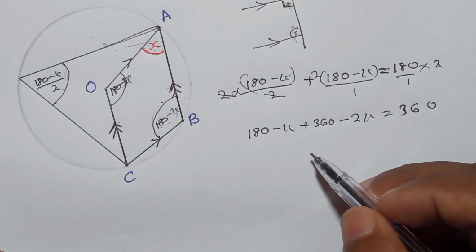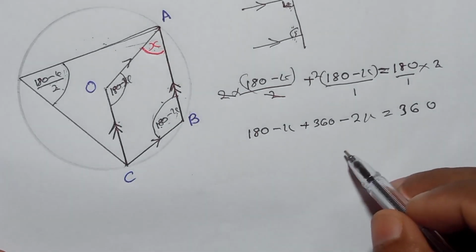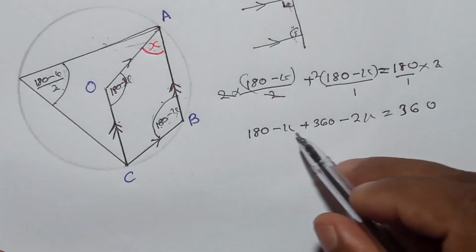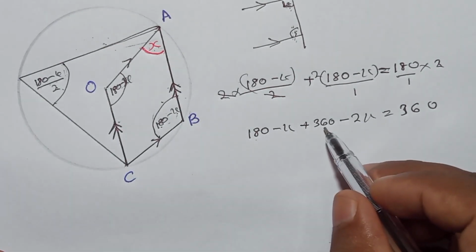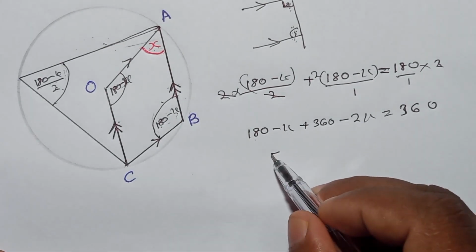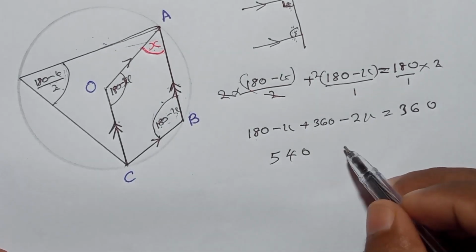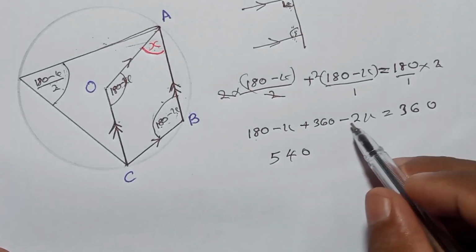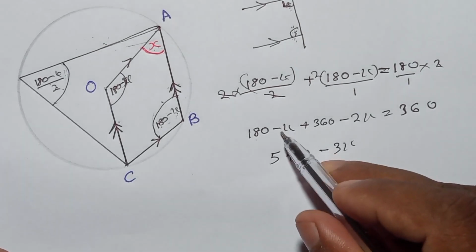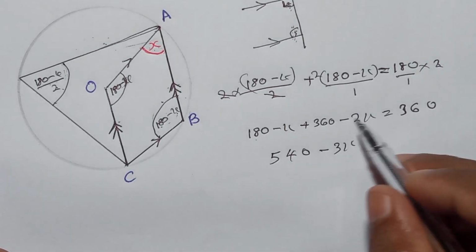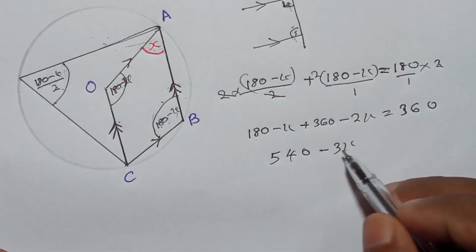Or someone can write this on this side. I will show you that 180 plus 360 means 540, right? And minus x minus 2x means minus 3x, right? Try to understand: minus 1x, minus 2x, minus 1x minus 2x means minus 3x.